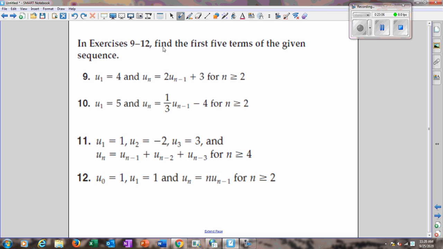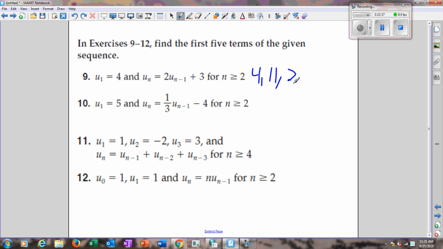For number 9, I start with u sub 1 equals 4, so that's my first term. To find the next term, I take u sub n equals 2 times my first term, which is 4. So 2 times 4 is 8, plus 3 is 11. So I'm at 4, 11. I take 2 times 11, which is 22, plus 3.